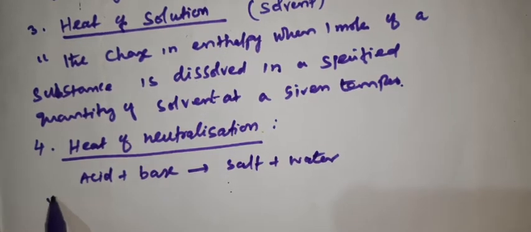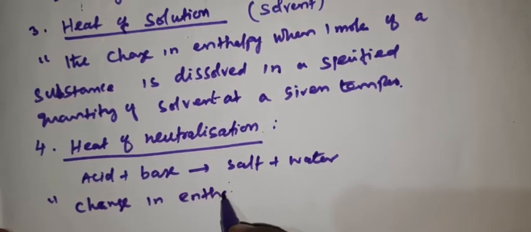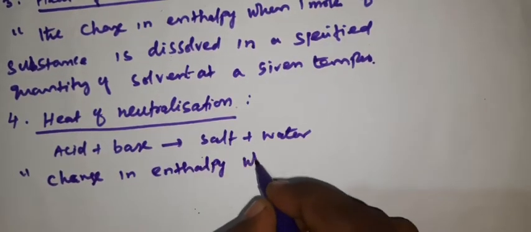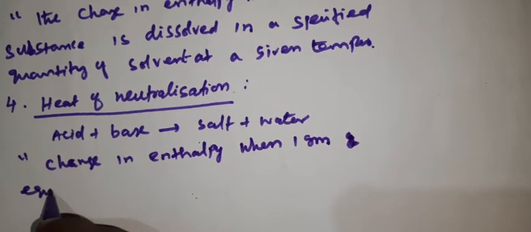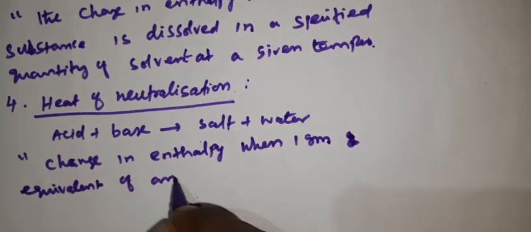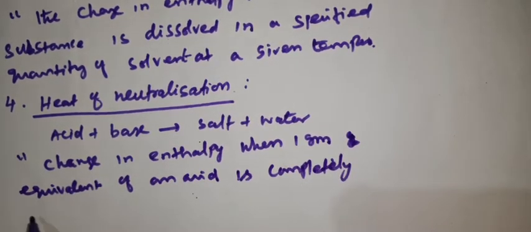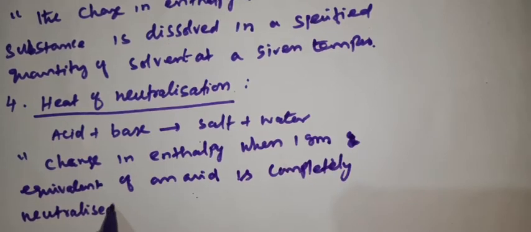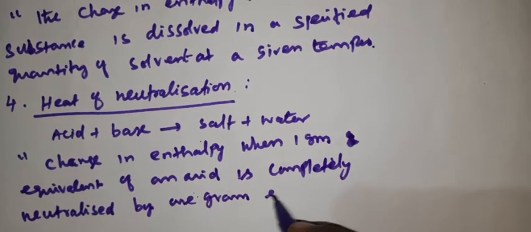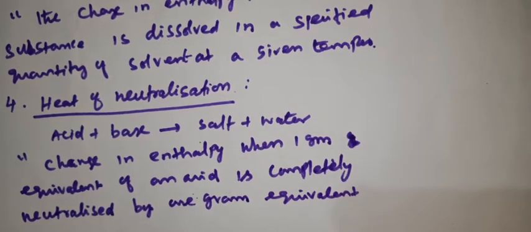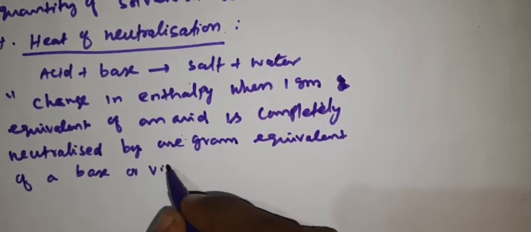The heat of neutralization is defined as the change in enthalpy when 1 gram equivalent of an acid is completely neutralized by 1 gram equivalent of a base, or vice versa, in dilute solution.